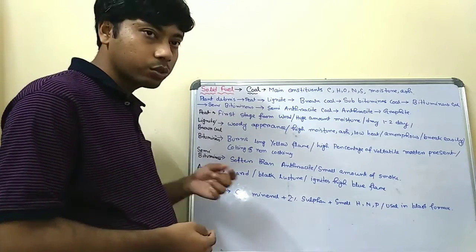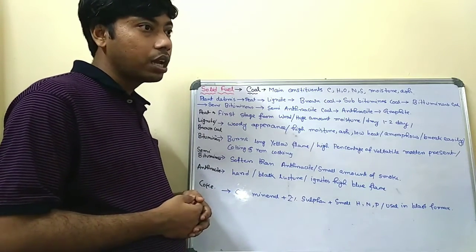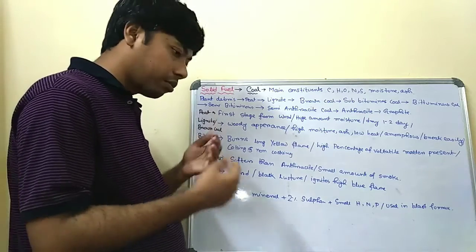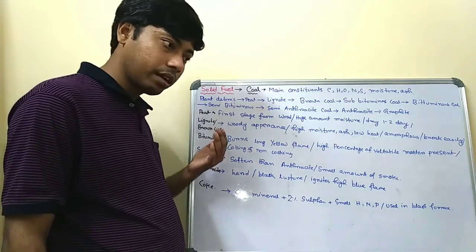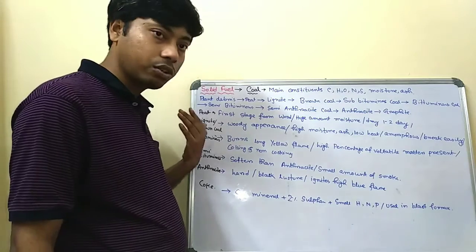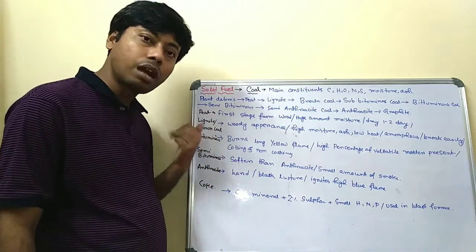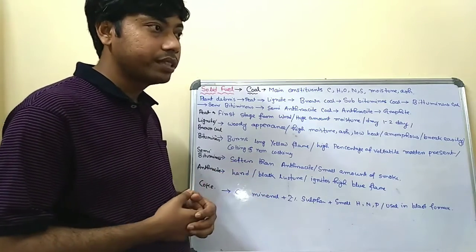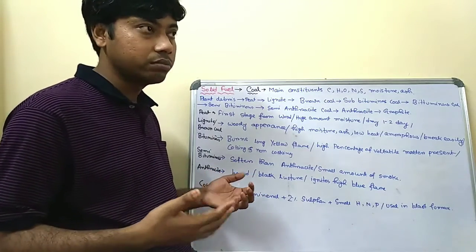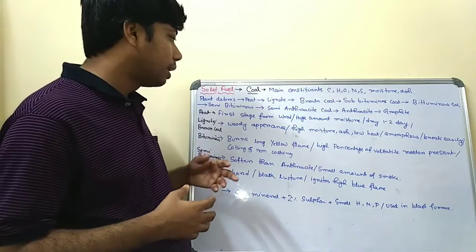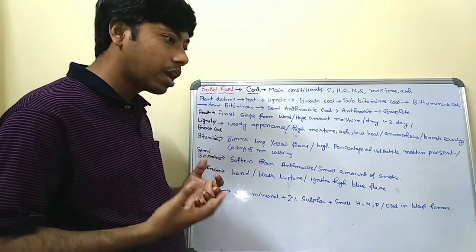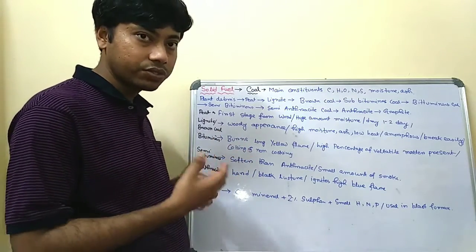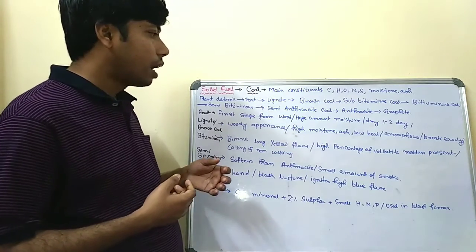Lignite is the second type of coal, sometimes also called brown coal. It is called brown coal because of the flame it produces. It is brown in color, with a woody or gray appearance.